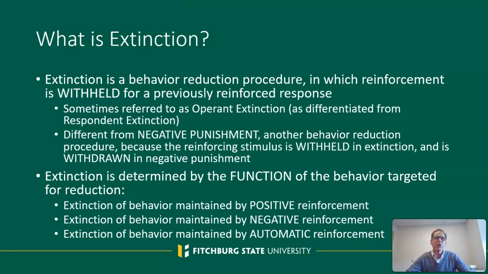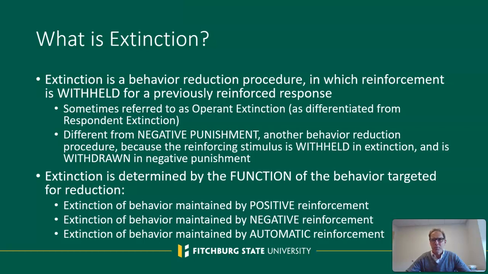Extinction differs from negative punishment, another behavior reduction procedure, because the reinforcing stimulus is withheld in extinction and is withdrawn in negative punishment. That's a really important distinction when we're trying to determine what kind of procedure we have in place. With extinction, the reinforcer is not present and is not being delivered, the behavior is engaged in, and the reinforcer continues to not be delivered.